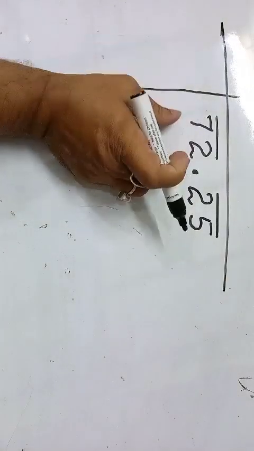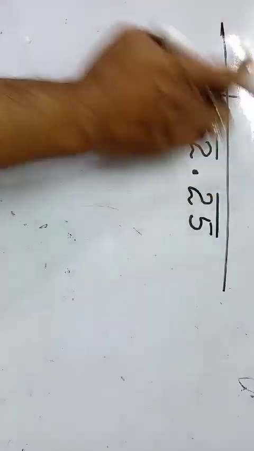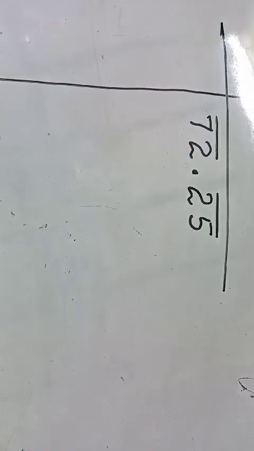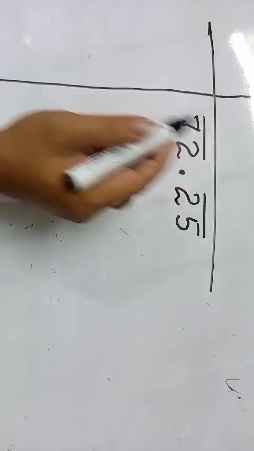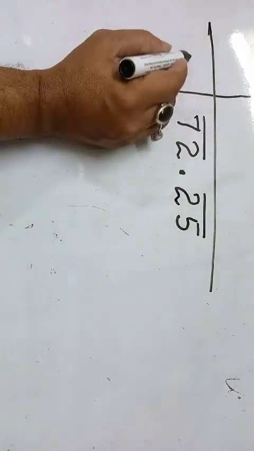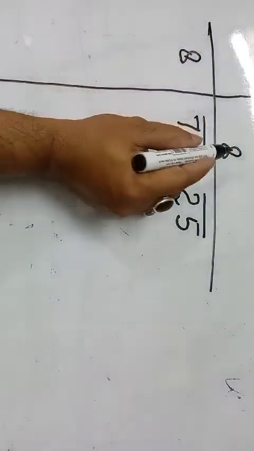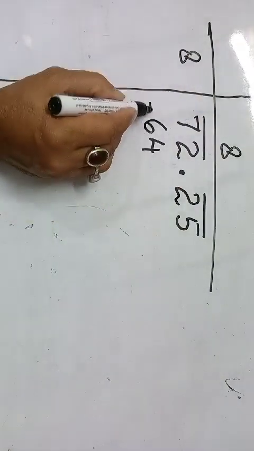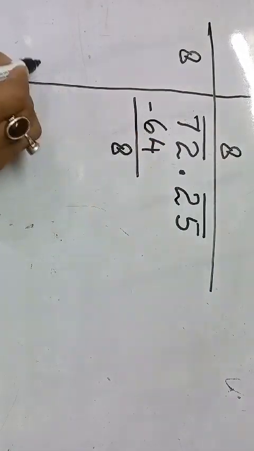So the first step, again, your first pair is 72. You look for a number which when multiplied by itself will give you either 72 exactly or lesser than that. It should not exceed 72. So 9 nines will become 81. Therefore 8 eights would be a better option. 8 eights are 64. Then when you subtract, you get 8 here.